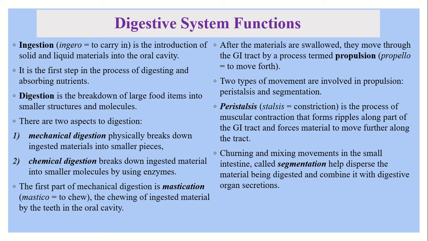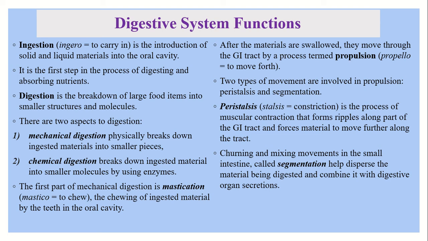The first part of mechanical digestion is mastication, the chewing of ingested material by the teeth in the oral cavity. After the materials are swallowed, they move through the GI tract by a process termed propulsion. There are two types of movement in propulsion, the peristalsis and segmentation.